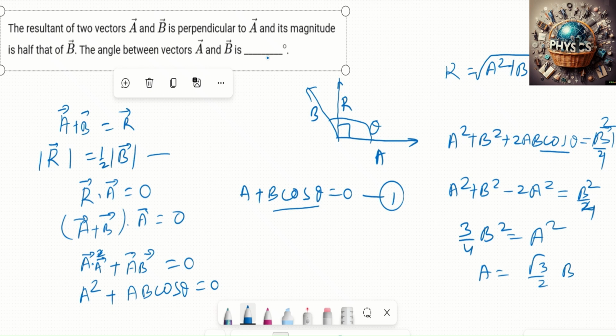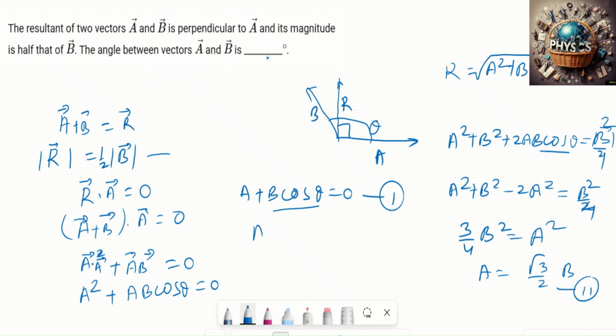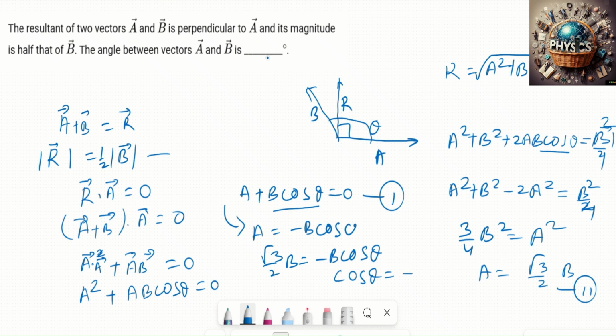So here we got this value. Now already we know that A equal to minus B cos theta, which means that let us replace it: root 3 by 2 B equal to minus B cos theta, or we get cos theta equal to minus root 3 by 2.